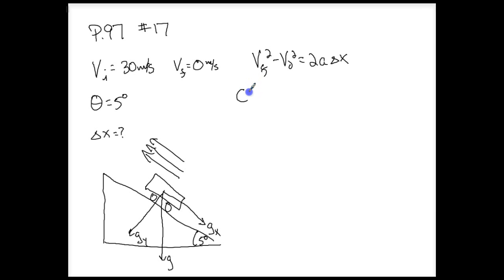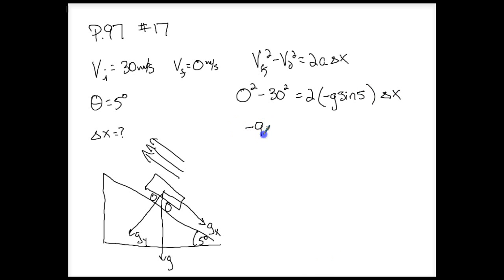Plugging in what I know, we've got 0 squared minus 30 squared is equal to 2 times minus g, because we're calling it minus g because gravity is going in the direction opposite the direction of motion. If the car was rolling down the hill, we would call it positive g, but because they're in opposite directions, we're going to call it minus. So we get minus g times sine of 5, that's our angle, times delta x.